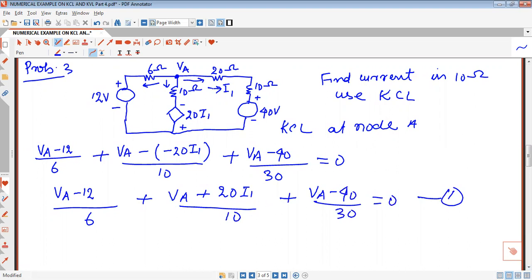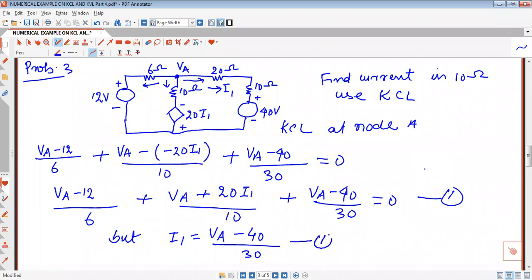So from here we can see that the value of I1 we can write here: I1 actual value from here to here, I1 will be equal to VA minus 40 divided by 30. So this is our value of I1. So now we have two equations and two unknowns.